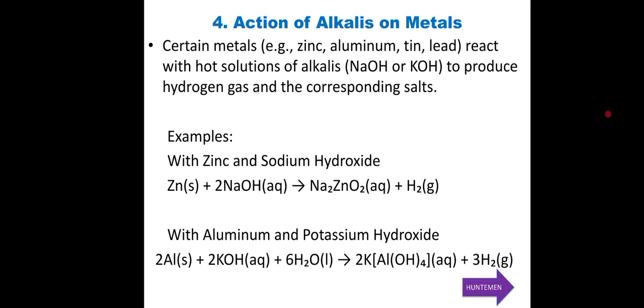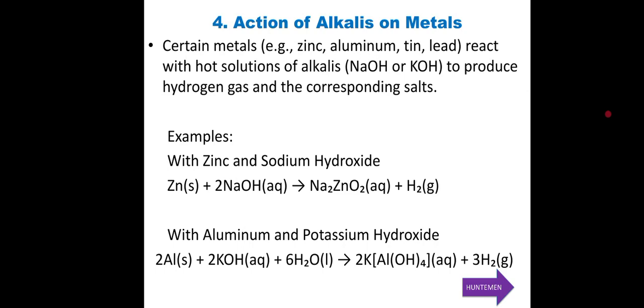So in this process, salt will be produced. In case anybody asks you to describe production of any salt, you can use this part of the notes to explain by saying salts are formed when a particular alkali out of the two, sodium hydroxide or potassium hydroxide, reacts with certain metals such as zinc, aluminum, and you name the salt.